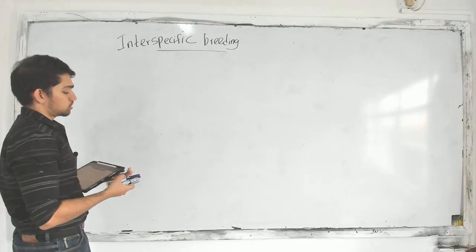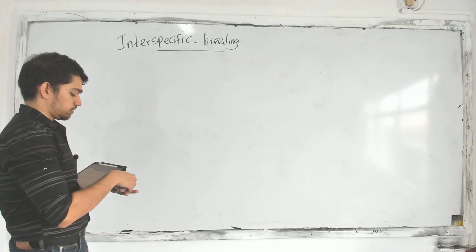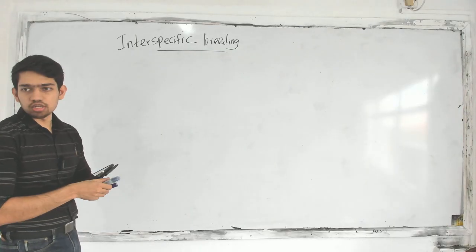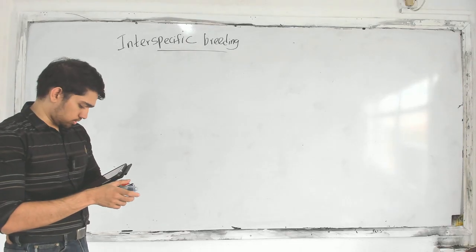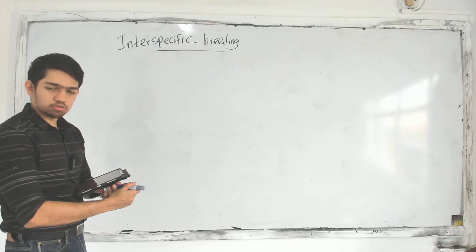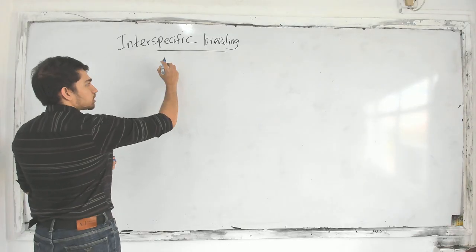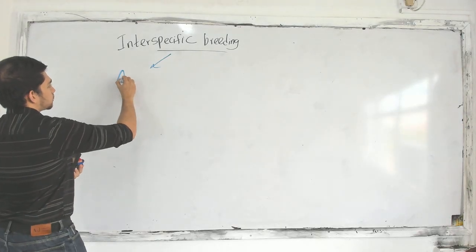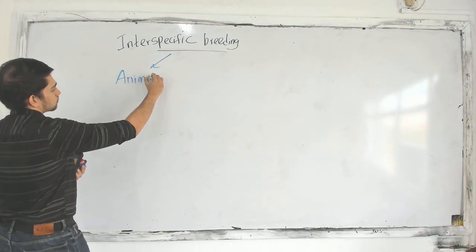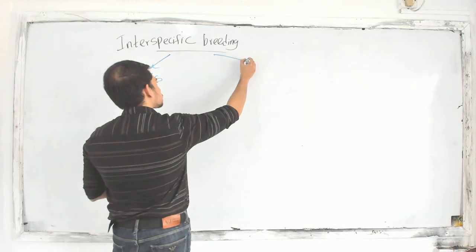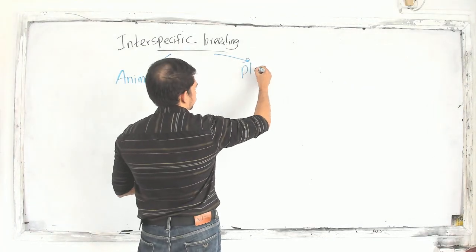Did you write it down? Male and female organisms of different species are mated. This interspecific breeding works very differently between animals and plants. Very, very different.